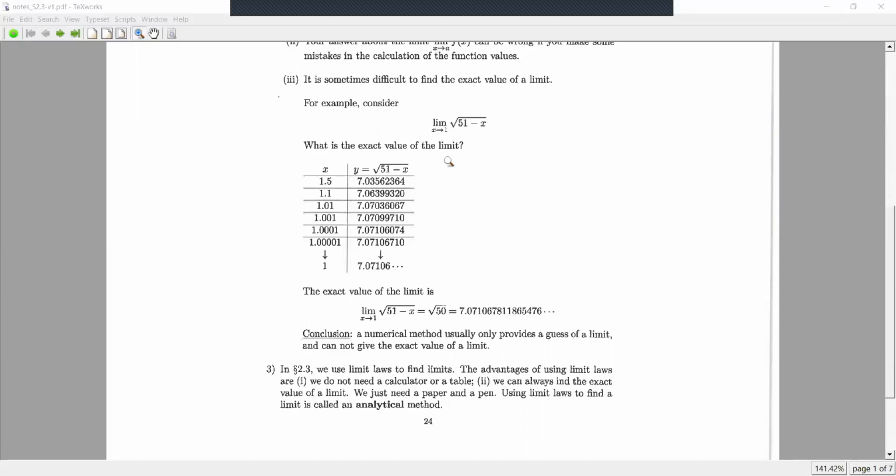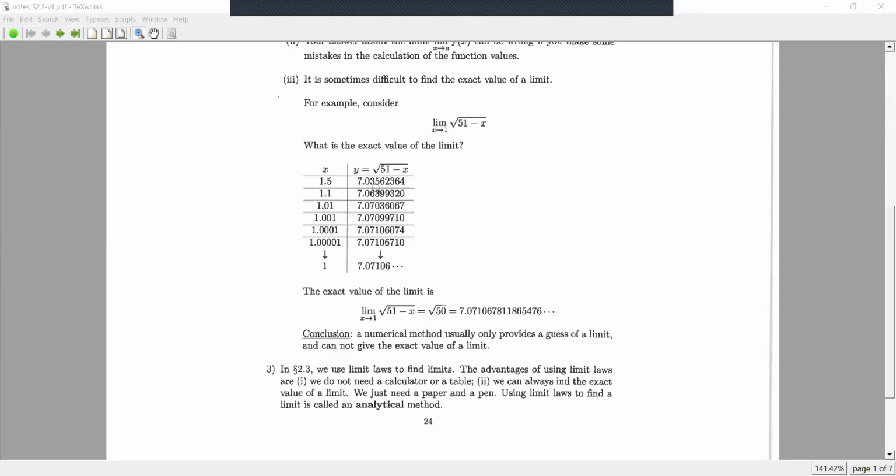Okay, now what is the exact value of this limit? The exact value of the limit is square root of 50. What is square root of 50? This number has infinitely many digits.